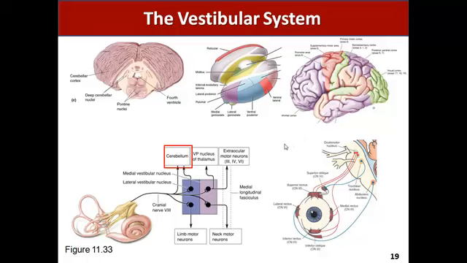This slide is just meant to illustrate a summary of inputs from the sensory organs contained within the inner ear as part of the vestibular system, and we see that these organs will directly terminate onto the vestibular nuclei.